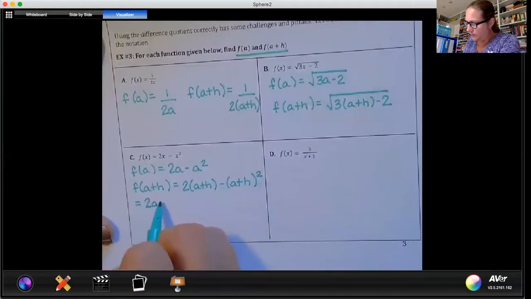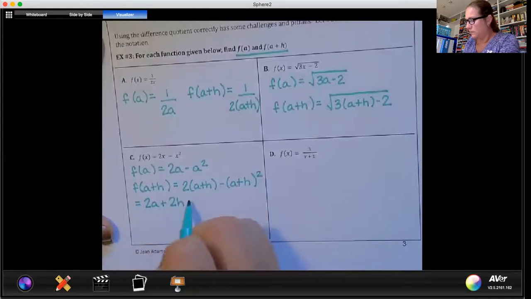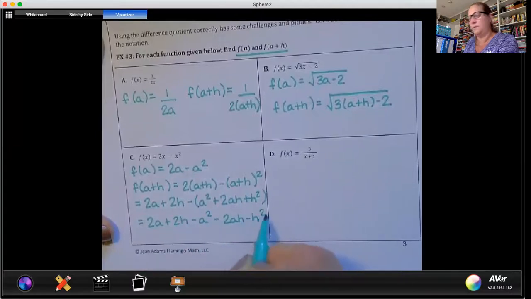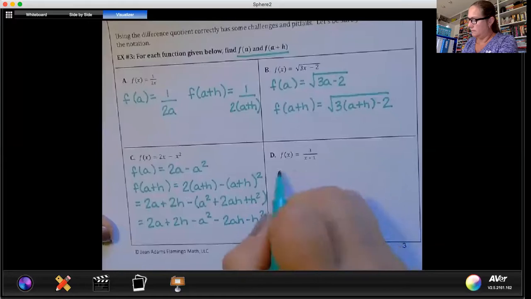Distribute the 2, FOIL it out, and distribute your negative. And part D.